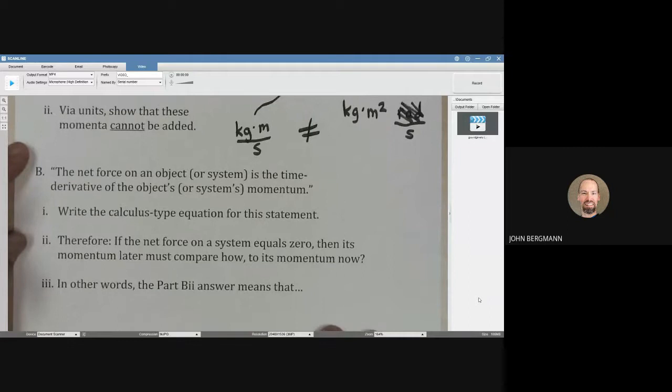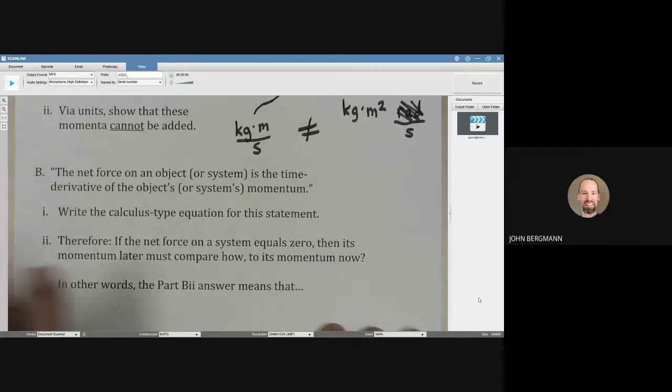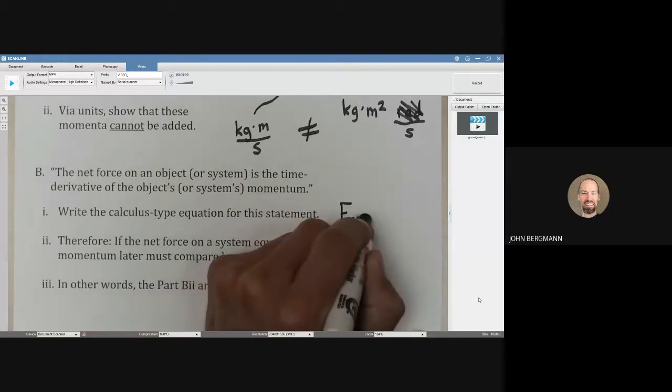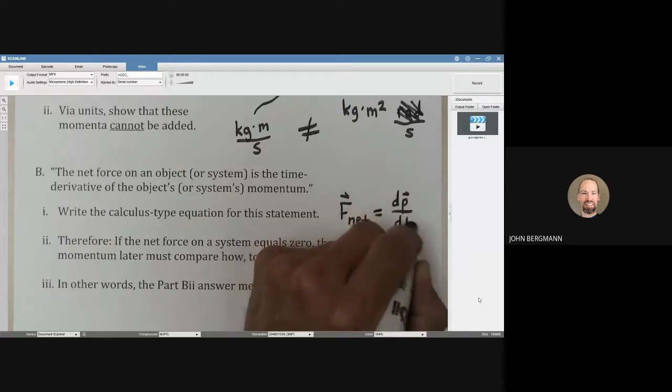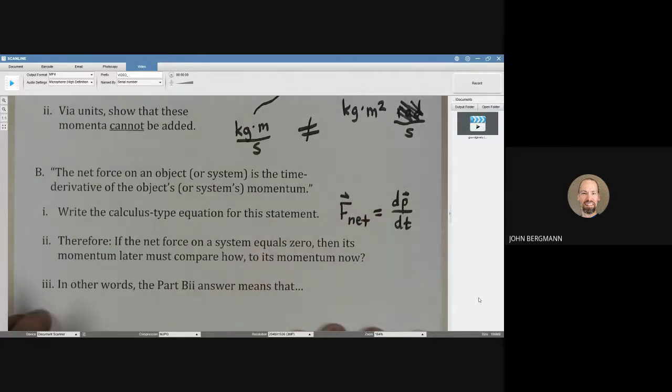Part B, the net force on an object or system is the time derivative of the object's or system's momentum. Part 1, write the calculus type equation for this statement. The net force is the time derivative of momentum. We've seen that one before.